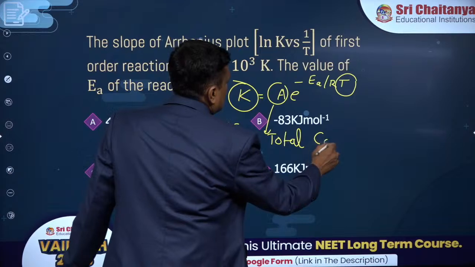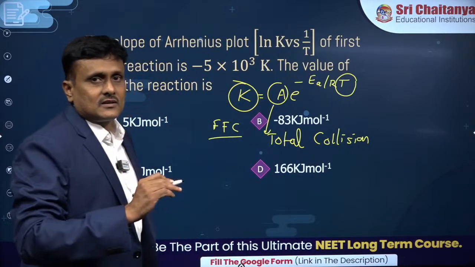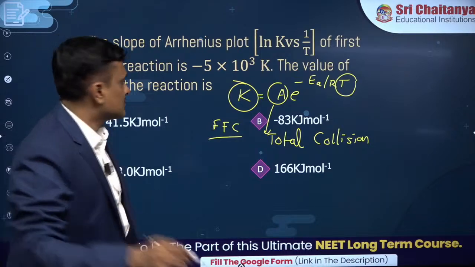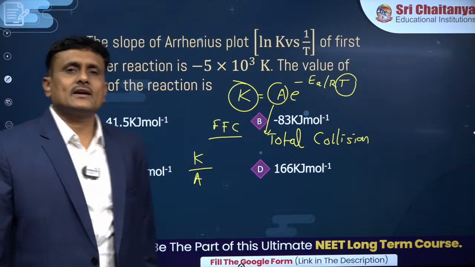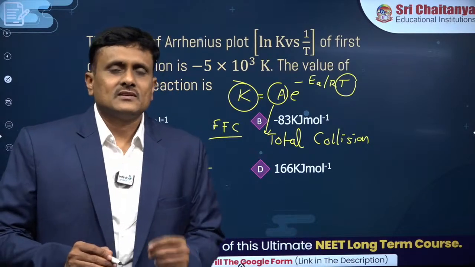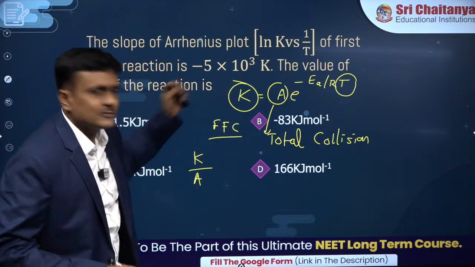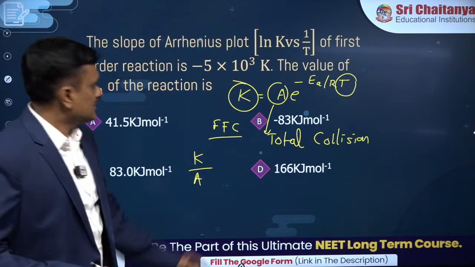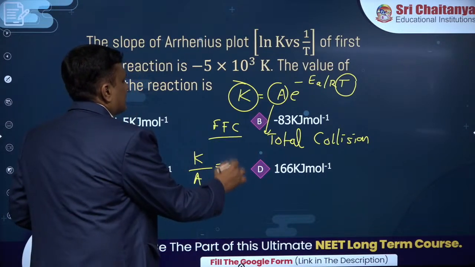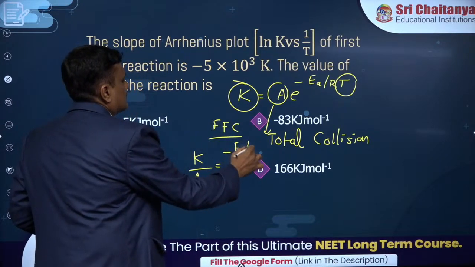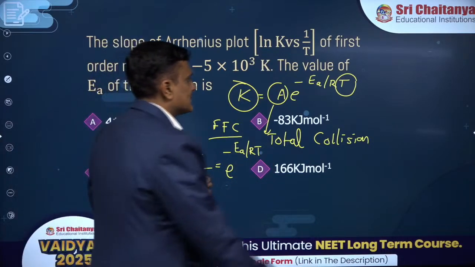Therefore, always remember this part, which is missing so far. A question is never asked on this, so stay tuned, this is important. When you write the ratio of K and A, what does it represent? It represents the fraction of the molecules. You can see it's a fraction, because this is fruitful, effective collisions, and this is total collisions. So the ratio indicates the fraction of molecules crossing the energy barrier. What is that energy barrier?